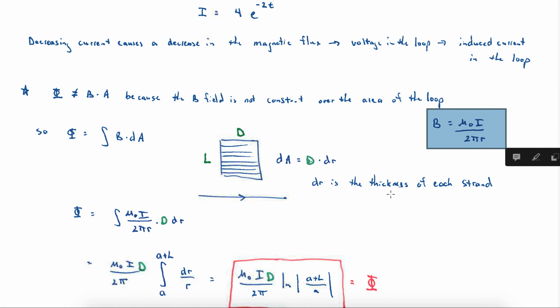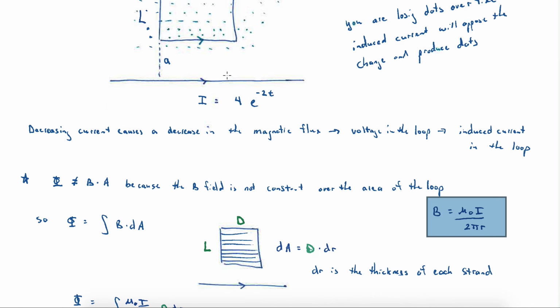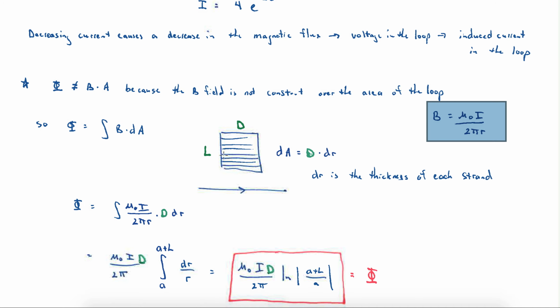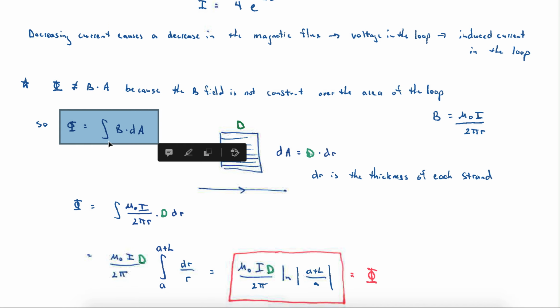Okay, so we have to break this loop into strips. The reason we break this thing into strips is because each strip has a constant B field. And so the area of each strip is the length of the strip, D, times the little bitty thickness of it, dr. So this is our dA, and so this is how we have to find the flux. We have to accumulate the B field over that two-dimensional area.